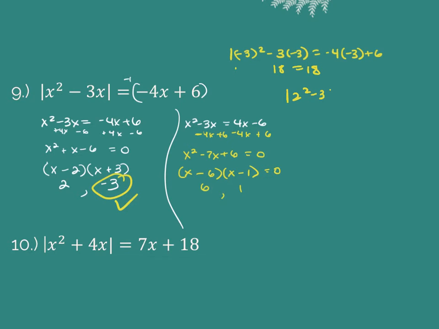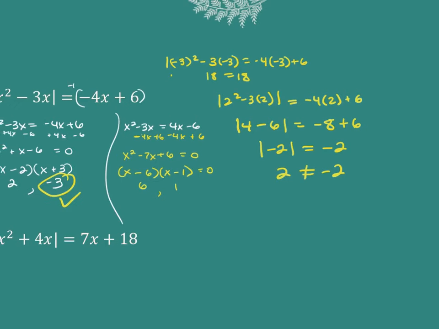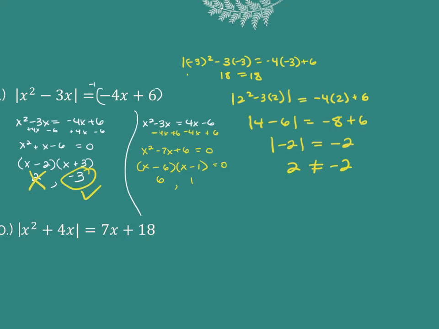2 squared minus 3 times 2 equals negative 4 times 2 plus 6. 4 minus 6, negative 8 plus 6. Yeah, this is negative 2, and that becomes positive 2. That does not equal negative 2. So the 2 is the one that doesn't work. Let me double check. I think the 6 doesn't work either.